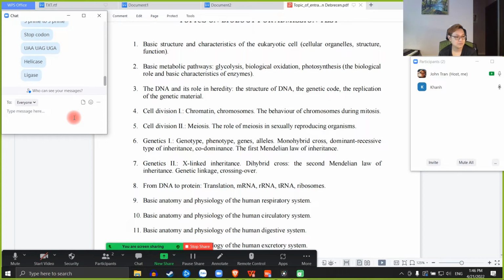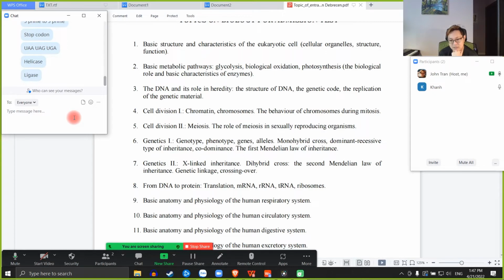When the amino acids are linked, the ribosome will move along the mRNA to attract more tRNA-amino acid complexes to attach to the codons of the mRNA. Very good. So what happens next then?